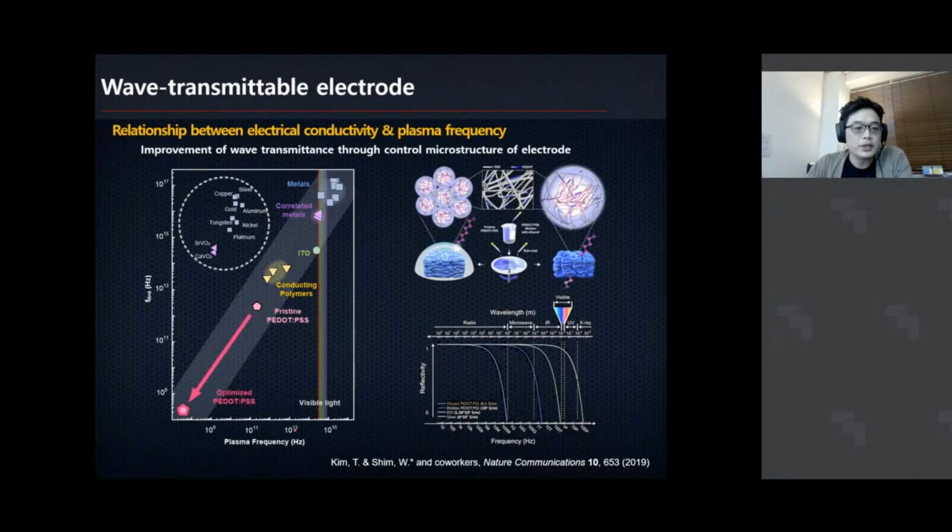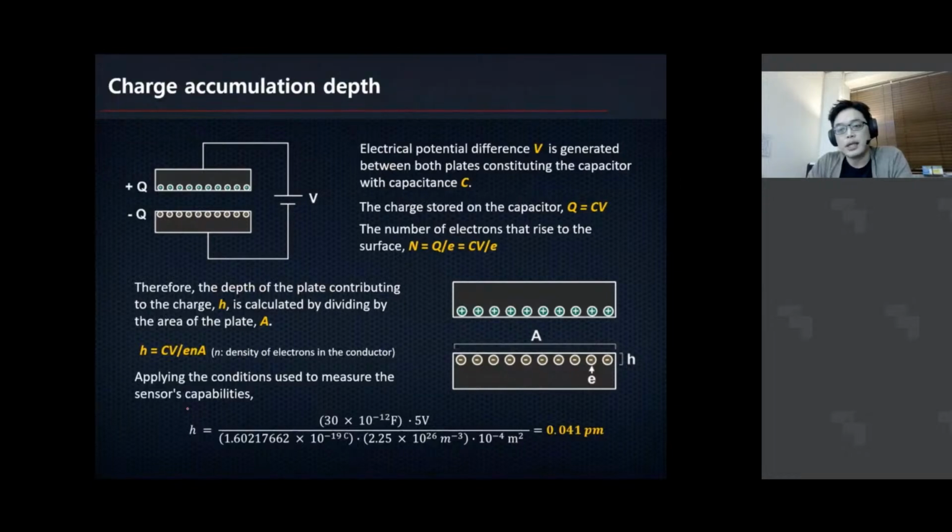So here's the graph of what I want to do. Here's the commercially available PEDOT:PSS, but you need to lower the carrier concentration to that level, which is okay for a touch sensor. That's because if you look at the equation of capacitance, it's the dielectric constant multiplied by the area, divided by the distance.